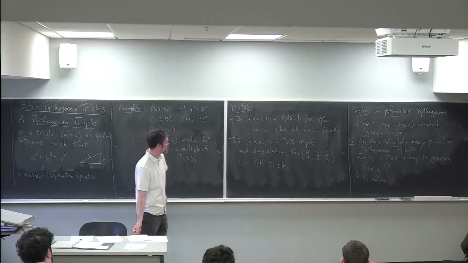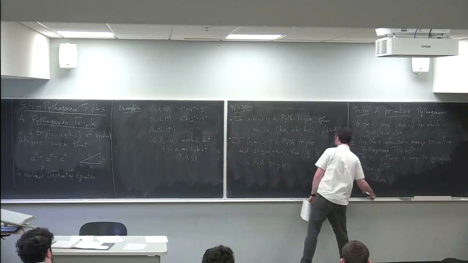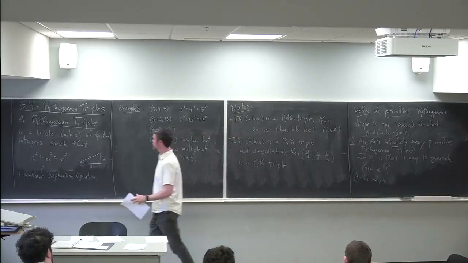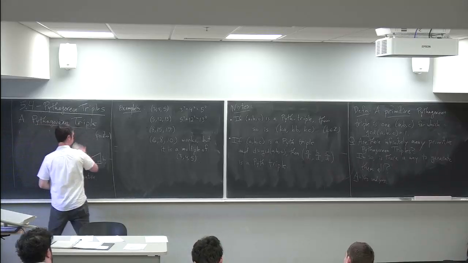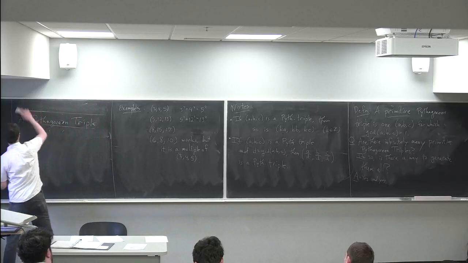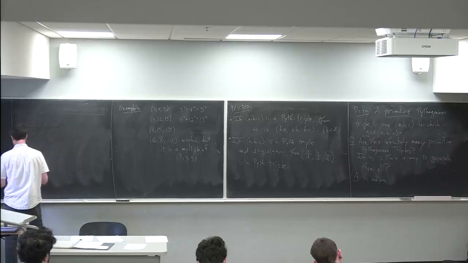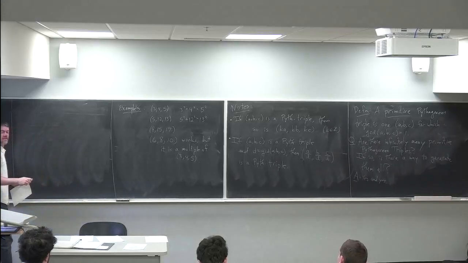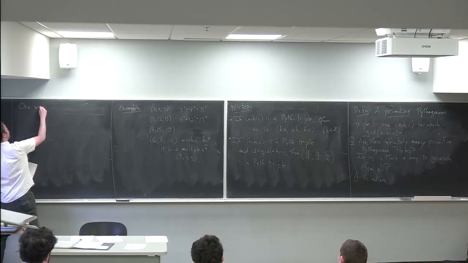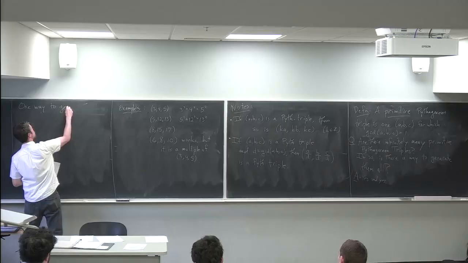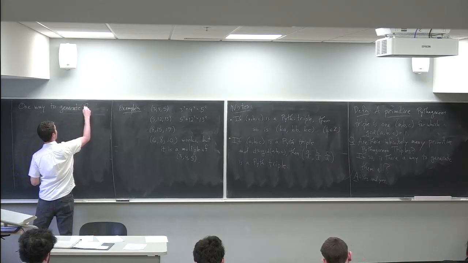And so I'm just going to show you, just because it's mildly amusing, one or two ways to generate these things. These are like little tricks that you do at parties or something. You want to impress all your friends. So here's one way. It's like a magic trick. Not really. But one way to generate Pythagorean triples.